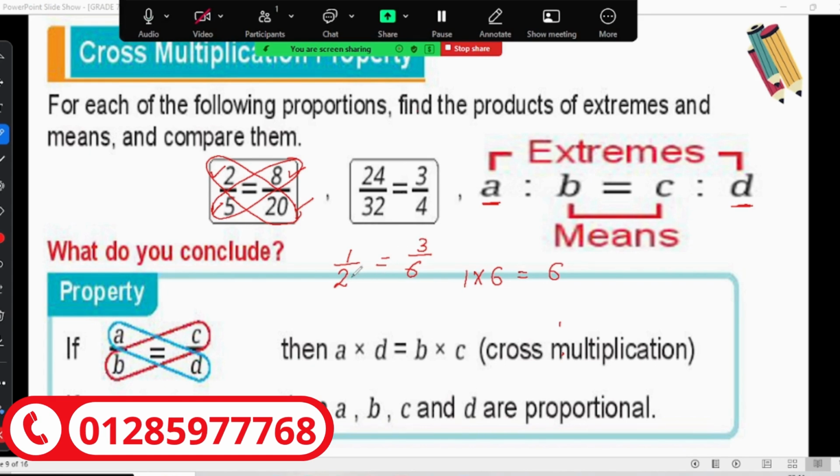And the means here are 2 times 3. The product of means equals 6 and the product of extremes equals 6. So they are proportional ratios. Okay?